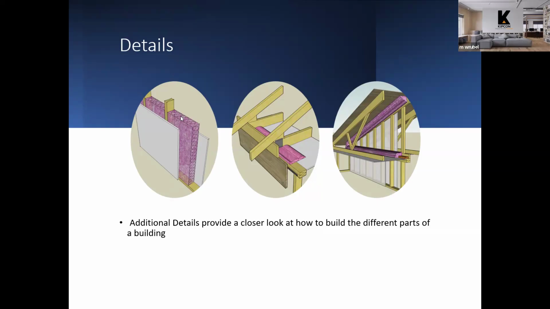That might be the way the interior wall is insulated, or the way the trusses might sit on the exterior wall framing. In this case, this is showing some soffit insulation here. And in this case, it looks like how the attic space sits over the floor beneath it.